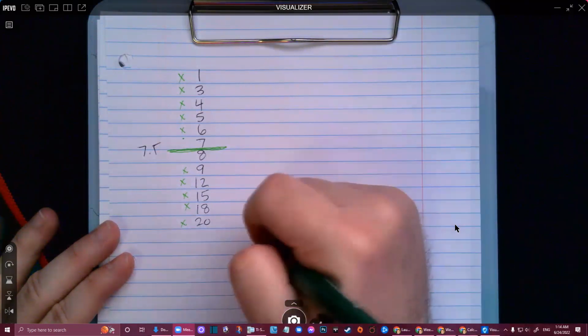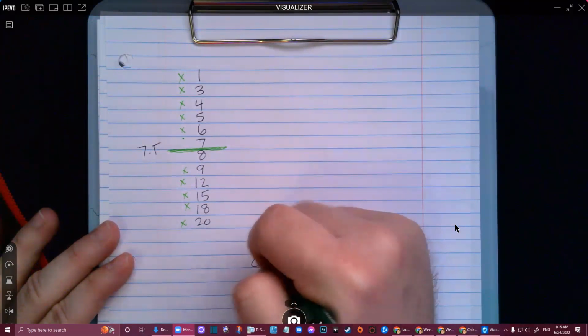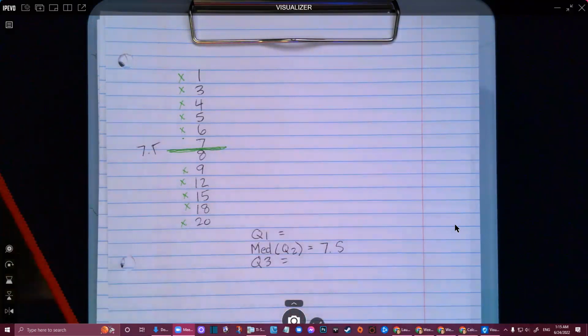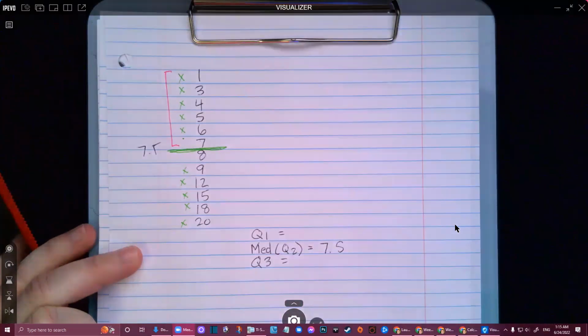The question now is, how do I find Q1 and Q3? So to find Q1, I'm going to find the median of this lower half of the data, not including the median.